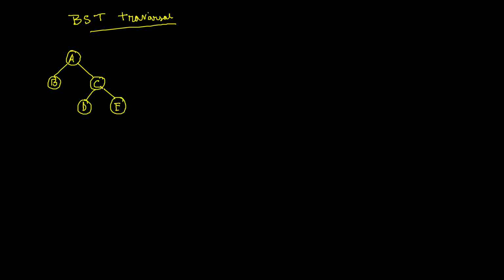If I print these nodes' values in some order, and we have not yet discussed the possible orders, but if I just arbitrarily write A, then B, then C, then D, and then E, that means we started visiting this node first.